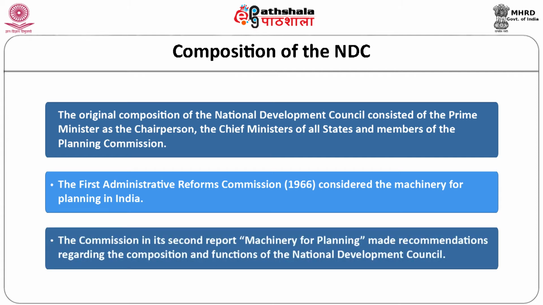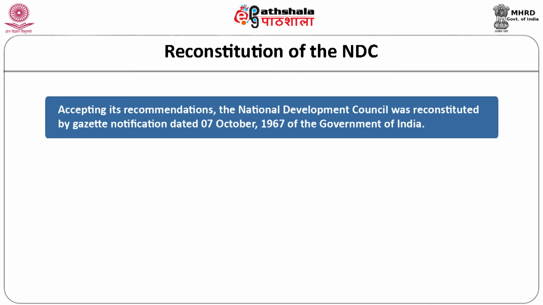The Commission in its second report, Machinery for Planning, made recommendations regarding the composition and function of the National Development Council. Accepting the recommendation, the National Development Council was reconstituted on 7th October 1967 by the Government of India.